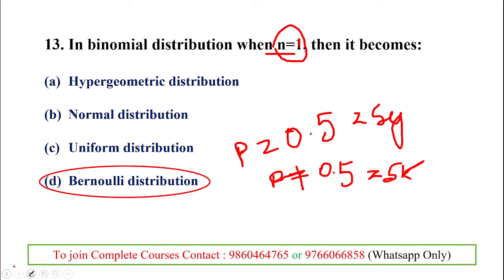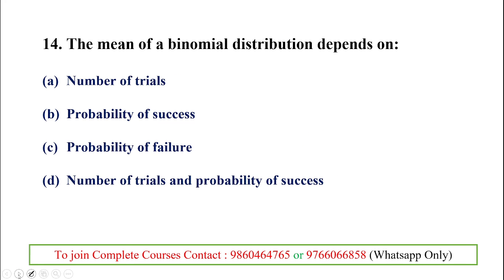Then next question. The mean of a binomial distribution depends on what? Whether the number of trials, that is n, or the probability of success, that is p, or the probability of failure, that is 1 minus p.